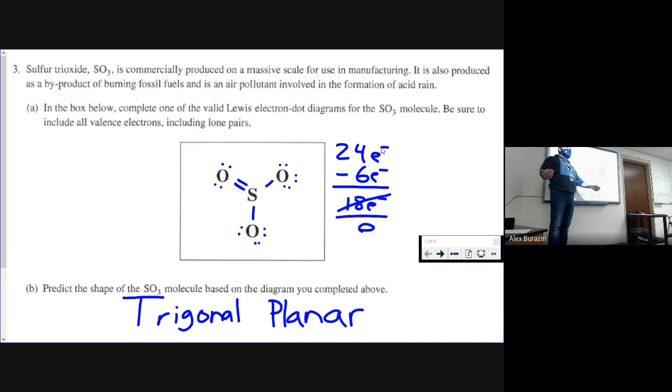But here's the other thing. We also have formal charge. Okay? I taught you how to do formal charge. That is a better metric of molecular stability. So let's go there.